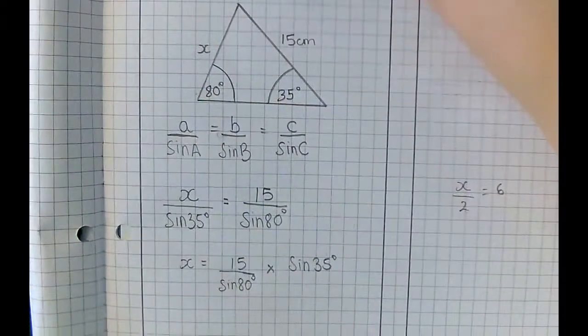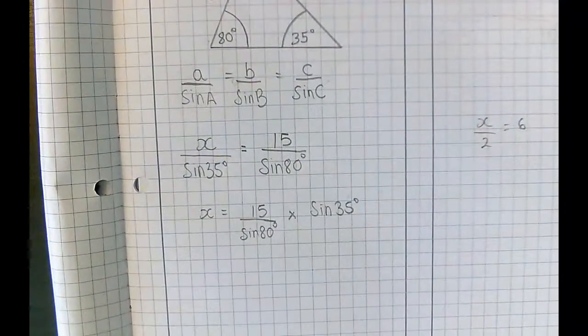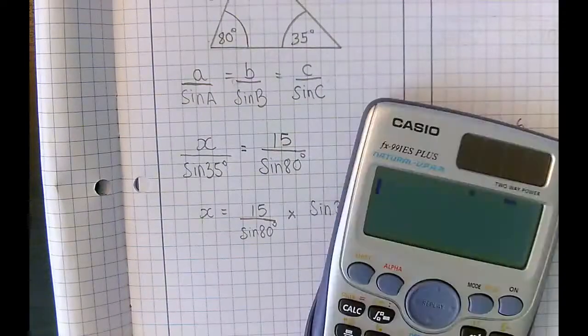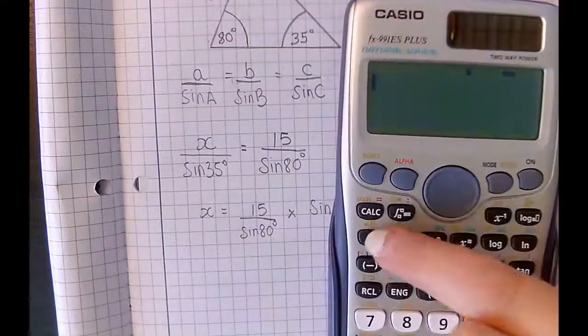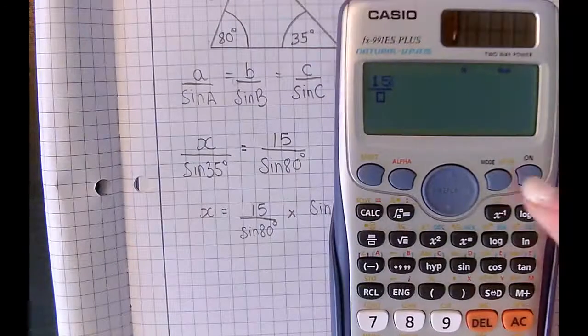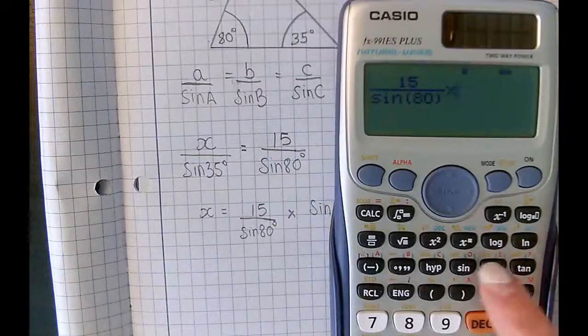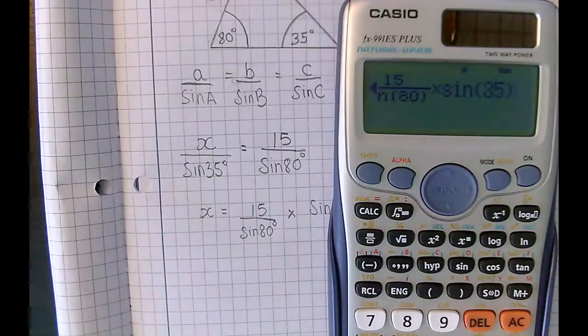What you need to do next, you just need to input this into your calculator. I'm going to show you how to do it. So we start off with a fraction, so you need to click on your fraction button. 15. Go down, sine 80 and close your bracket. Go to the right, multiplied by sine of 35 degrees, close your bracket.